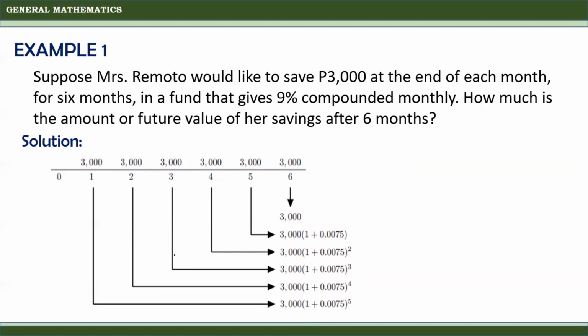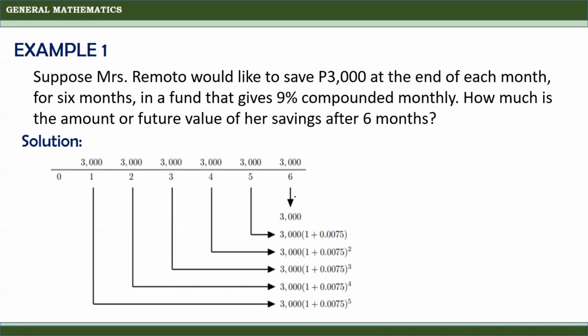The third payment will amount to 3,000 times (1 plus 0.0075) raised to 3. The fourth payment will amount to 3,000 times (1 plus 0.0075) raised to 2. The fifth payment will amount to 3,000 times (1 plus 0.0075). And finally, the sixth payment will amount to 3,000.